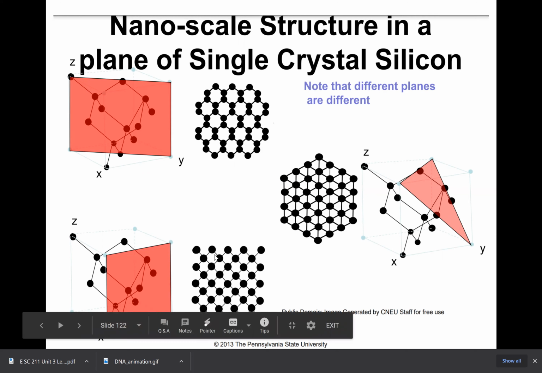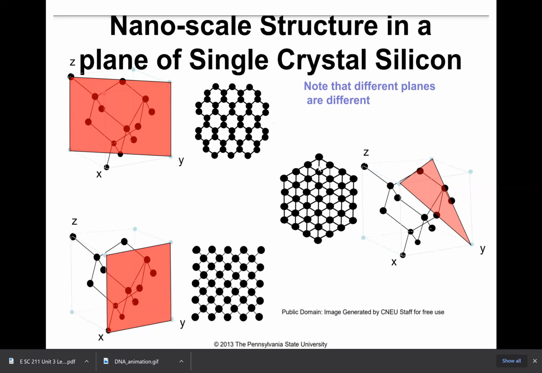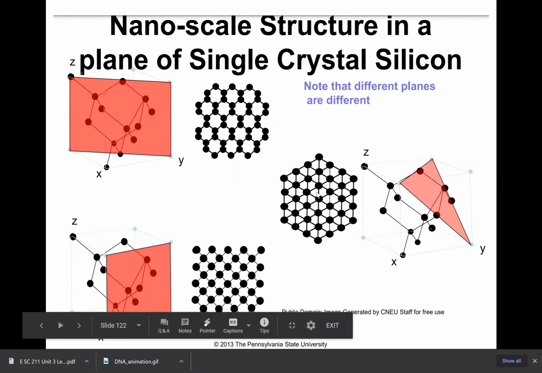You could see that they're different, right? And if you cut it another way, it'll look like this, where it's six-sided, almost flowery looking positioning of the atoms. Each of these different planes will have different properties.